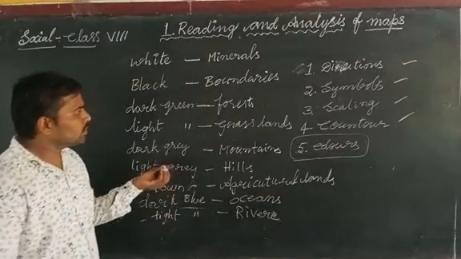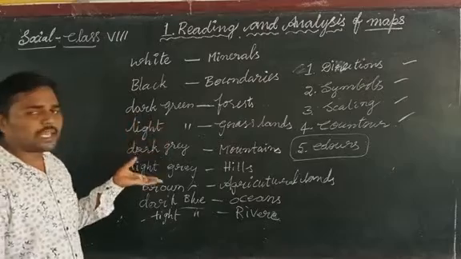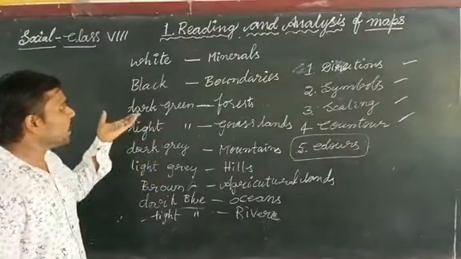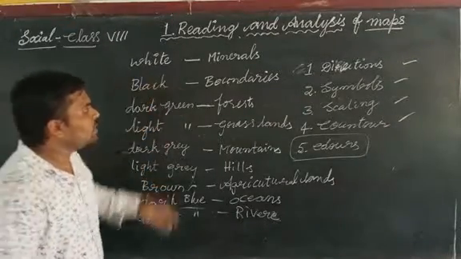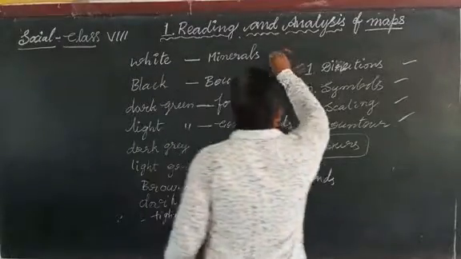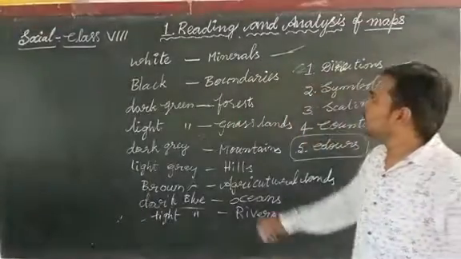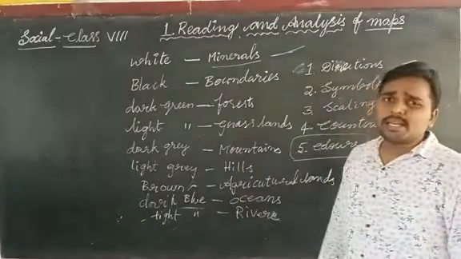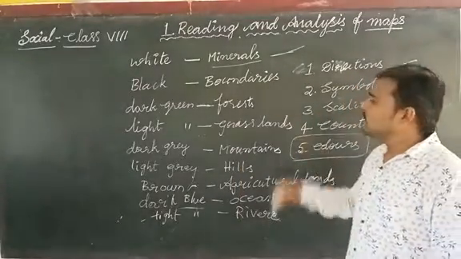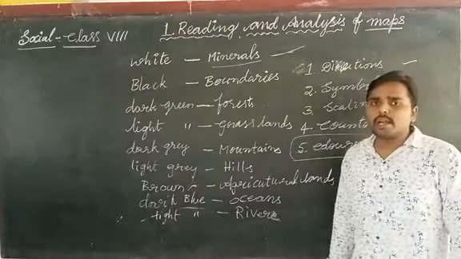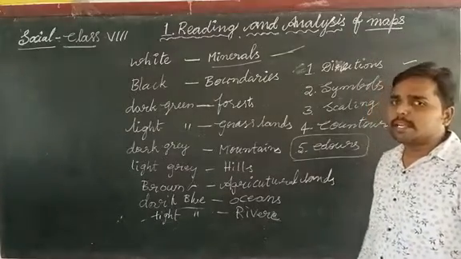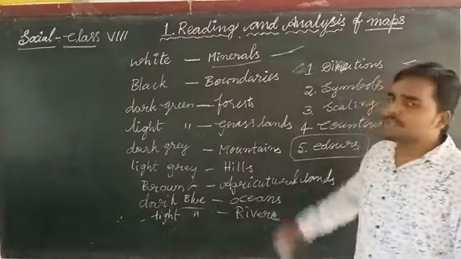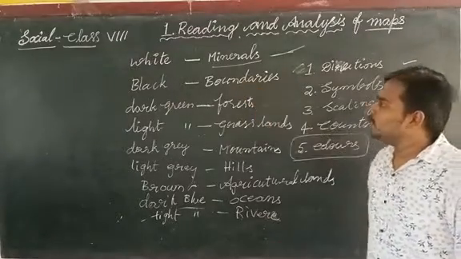We can represent different types of landforms. Suppose the resources, minerals, like iron, ores, aluminium, bauxite. Those are the minerals which we can show with the help of white symbols.